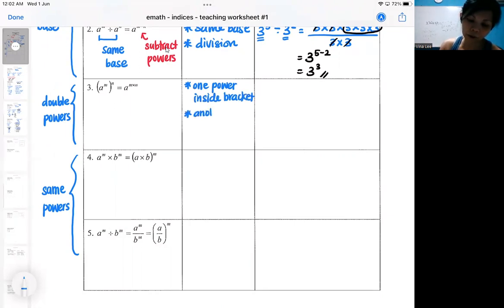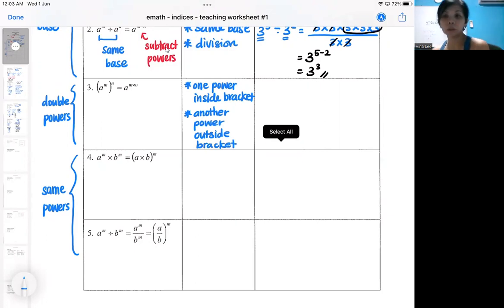So that's the feature. Take note of the feature so you know which rule to apply when things get complicated. So can you see there's a double power here? And the rule says you multiply both powers.